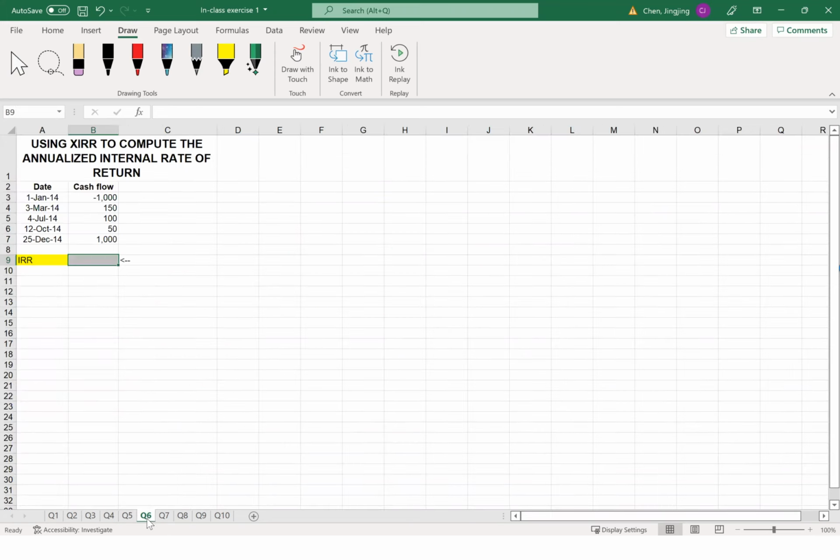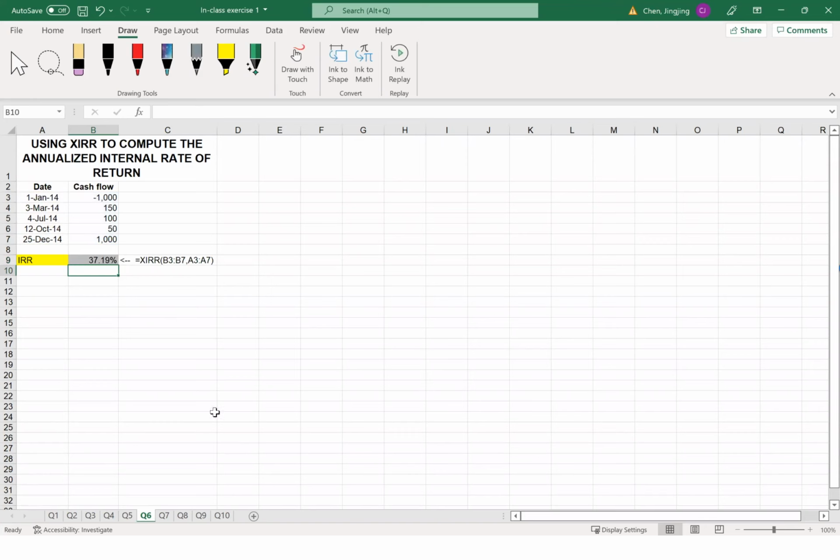So next, for question 6, it's actually using a similar method, but we'll change a function. That is, we're using XIRR. The value here is these numbers. The date is here.